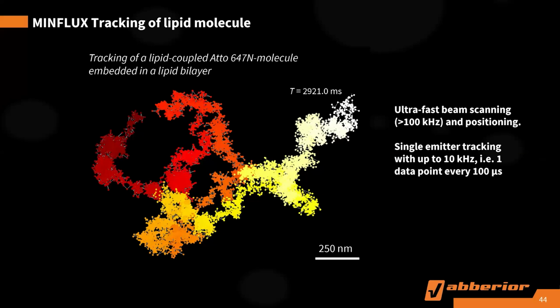Our tracking speed is also very fast, 10k hertz, which is 100 microseconds per data point. As you can see here, we track a dye in a lipid bilayer. Again, I'm going to explain some research done by MINFLUX tracking.